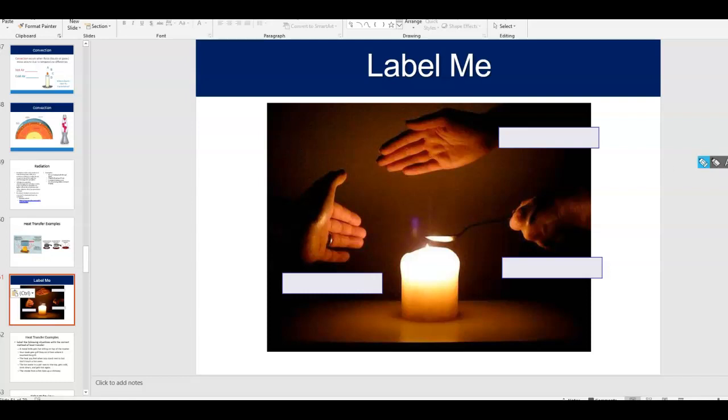Then just two more quick examples. In this example, it wants us to label where we see heat transfer by conduction, convection, and radiation. Let's start with this one up here. What type of heat transfer do you think should go in this top blank? Conduction, convection, or radiation? This is actually going to be convection, because it's above the flame.